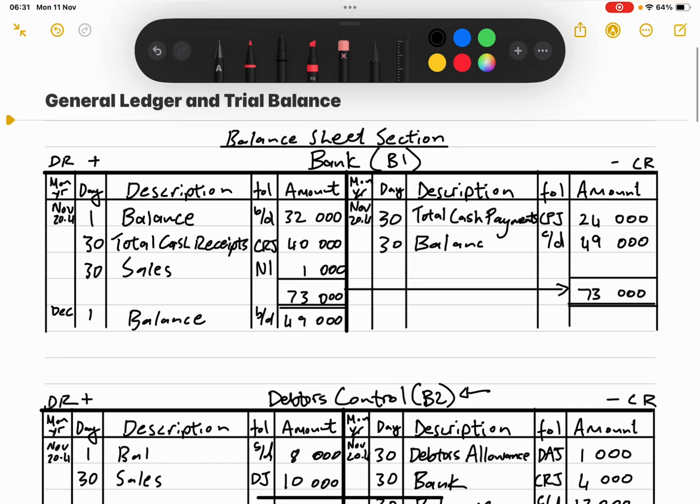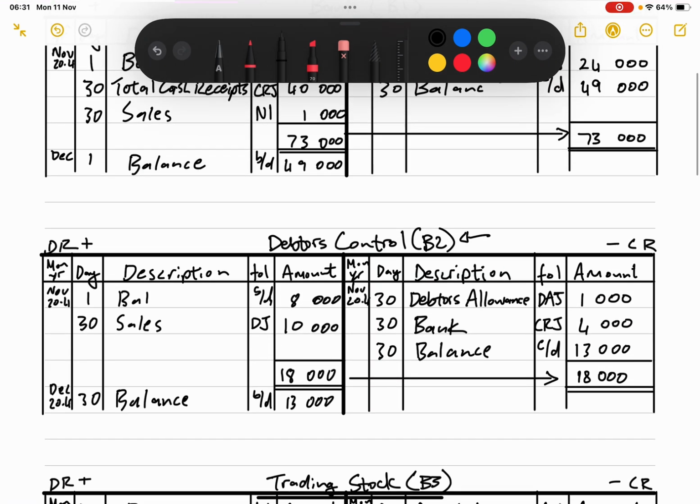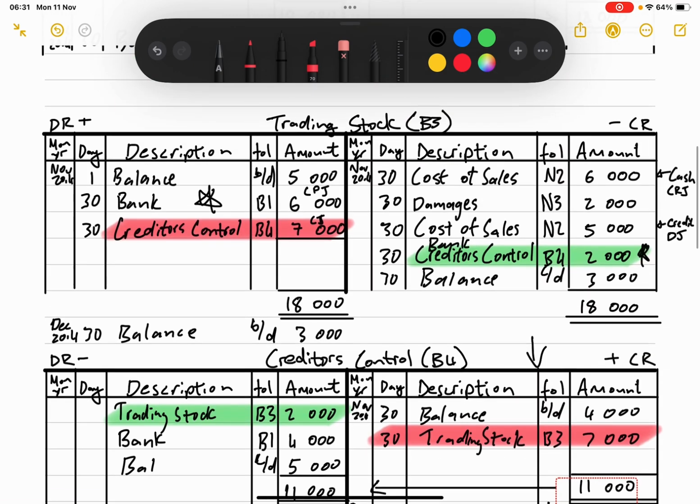Then you go to your next one, debtors control, B2. You see what the balance is? 18,000. Then you look at your B3, B4, B5, etc., and you just copy and paste the balances.